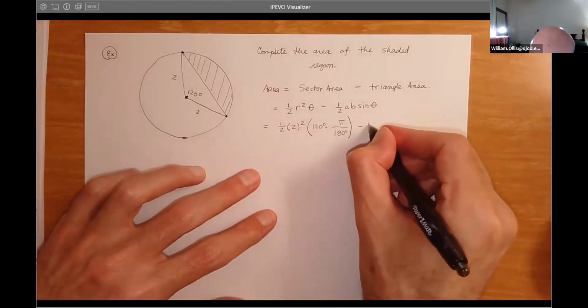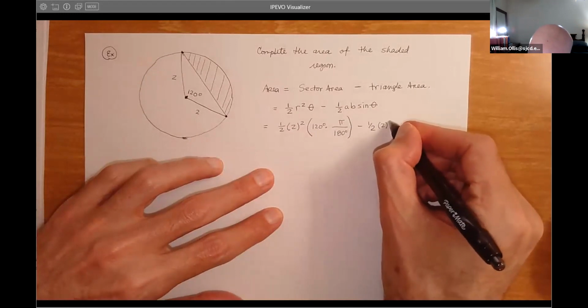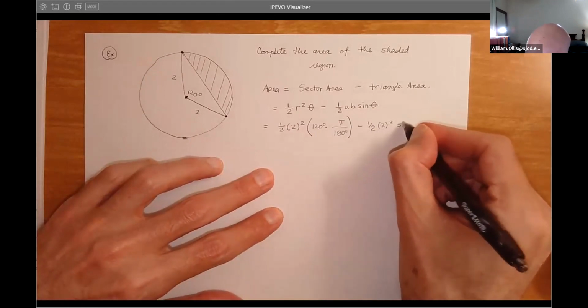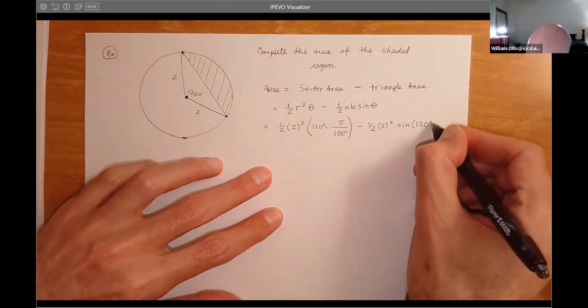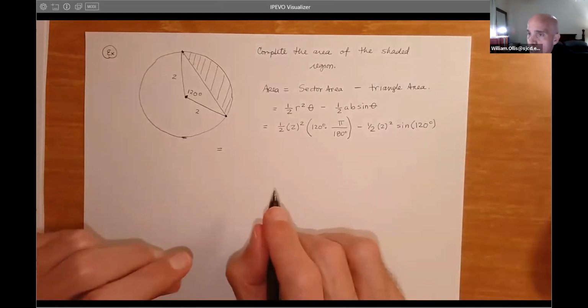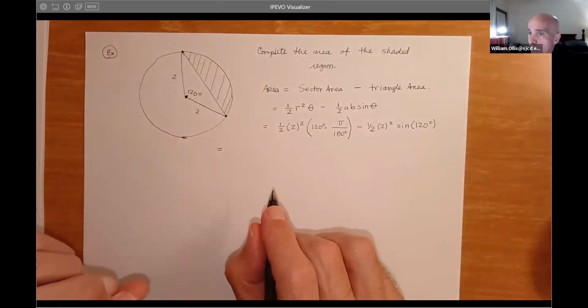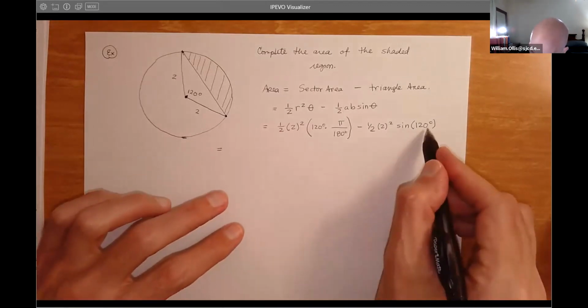Then minus 1/2, and of course, A and B are both 2, so we get another 2 squared. And then we have sine of what? 120 degrees. Again, 120 degrees is 2 pi over 3. So either way you want to look at it, it's still the same calculation. So we don't have to convert that.